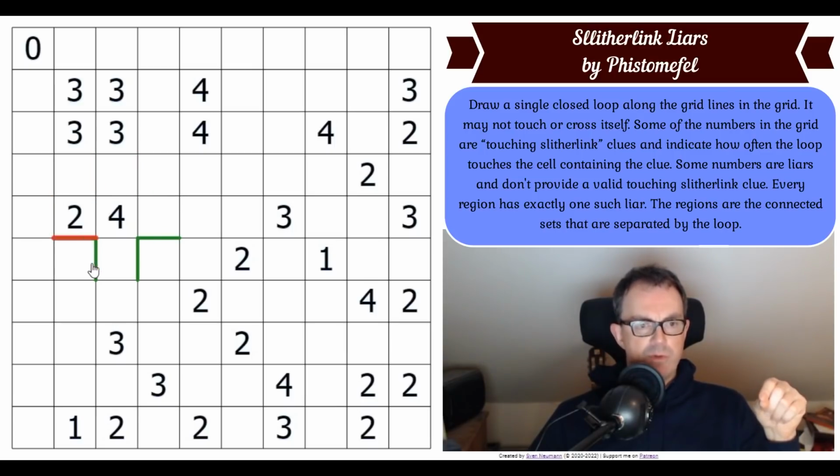And we have got quite a lot of 4s in the grid. 1, 2, 3, 4, 5, 6, I think. But we've got 2 4 clues that touch each other. So maybe that's where we have to start.